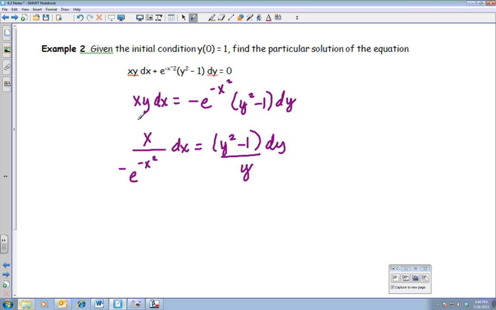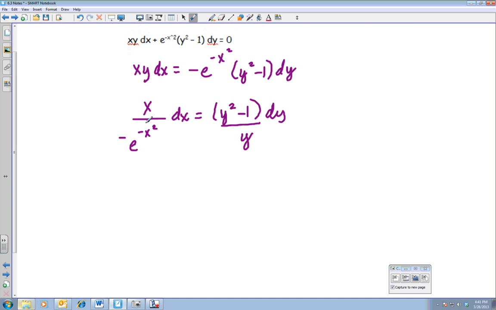Okay, the other thing, just to make it easier before I show that I'm integrating, I'm going to write these as simplified as possible. So see how this is a negative exponent? I'm going to bring this up to the top to make it positive. So really this is x and negative e, so I'm going to put that negative in front of here. E, now it's to the positive x squared because I moved it up on top.